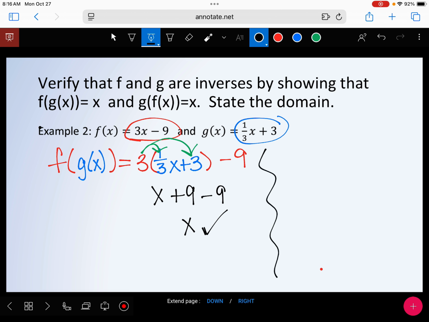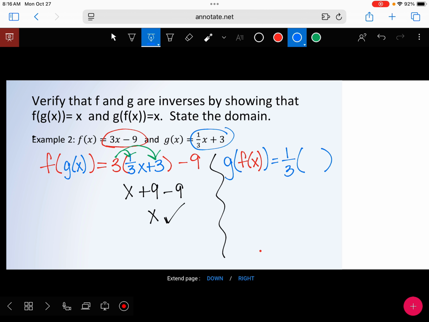So, again, just for practice purposes, I'm going to do the other one because you have a choice that you can make. It doesn't matter which one you do. This time, I'm going to put f of x in g of x. So I'm going to take my g of x function, which is 1/3 x plus 3.